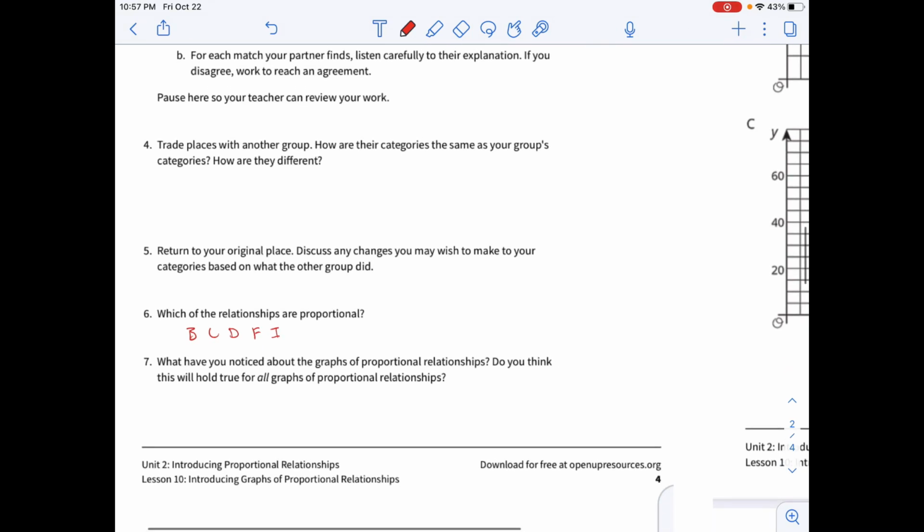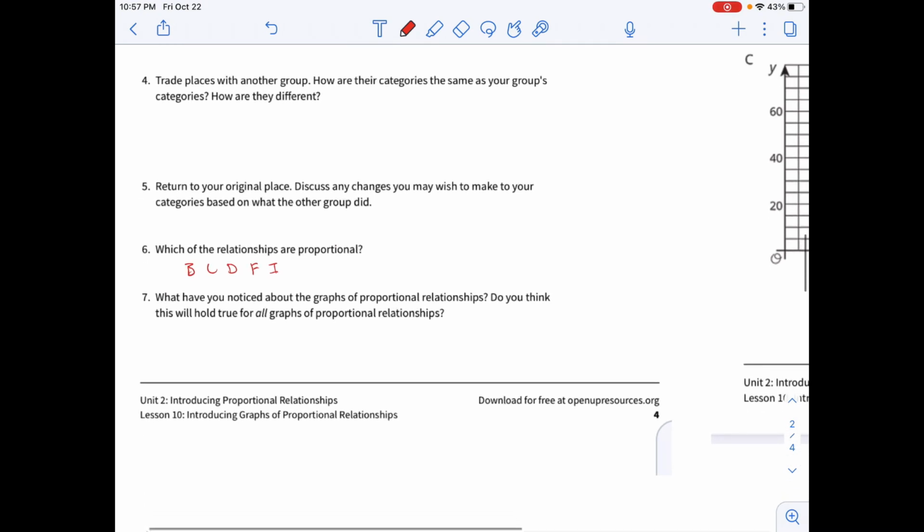Okay, and then what have you noticed about the graphs of proportional relationships? Do you think this will hold true for all graphs of proportional relationships? So the 2 things that you notice is they are straight lines.